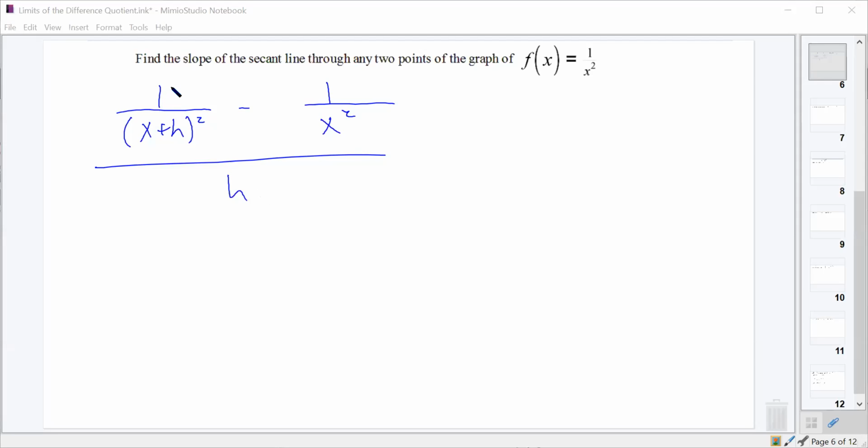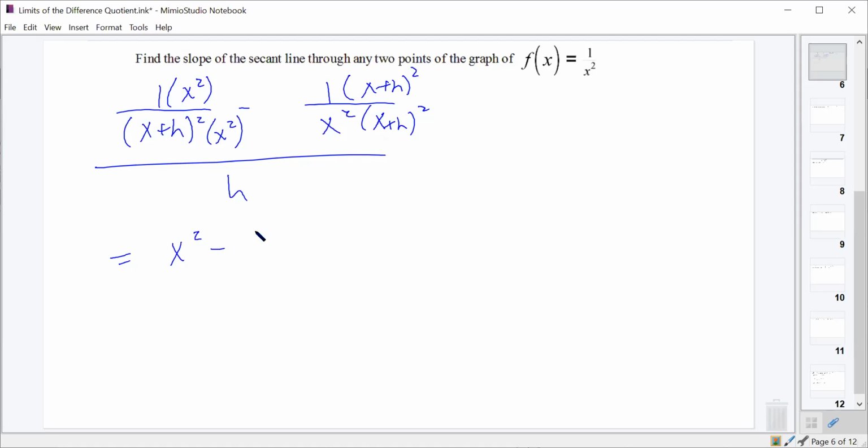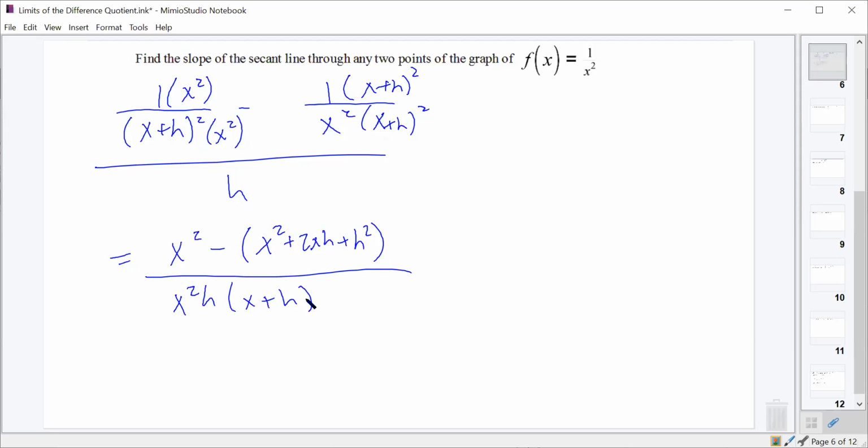So we're going to put in an x squared and an x squared, and we'll put in an x plus h squared and an x plus h squared, which is going to give us x squared minus x plus h squared, which is x squared plus 2xh plus h squared, all over, we have an x squared and an x plus h squared, and then that h, which is really like an h over 1, gets multiplied in with that same denominator. So x squared h, x plus h squared. Good or no?